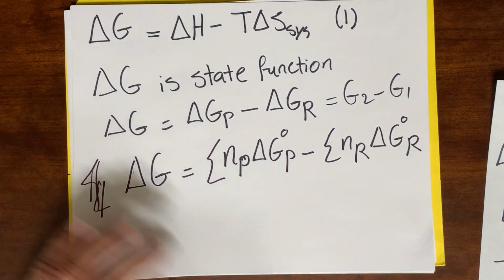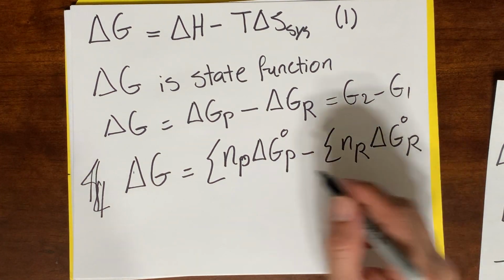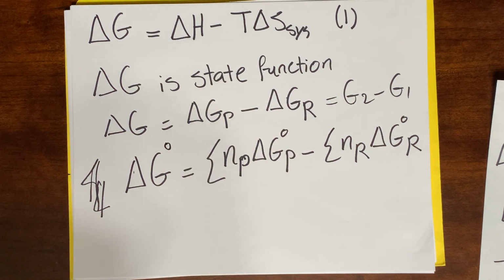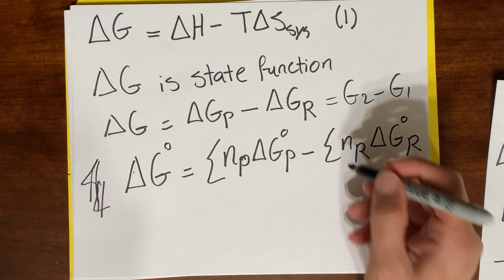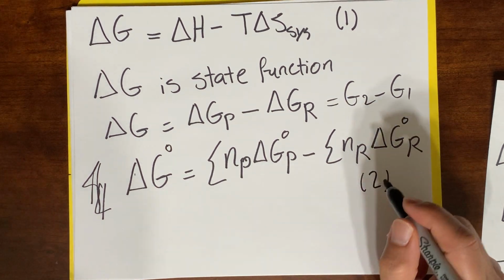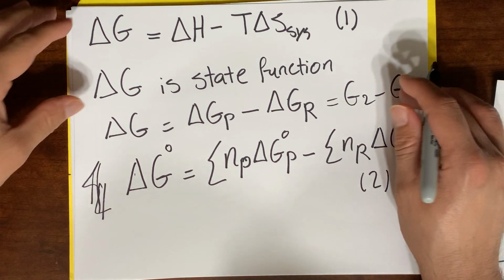But I'm using a standard condition for reactant and product, so I need to put the same thing here. Let's call this one 2. What's the difference between 1 and 2?